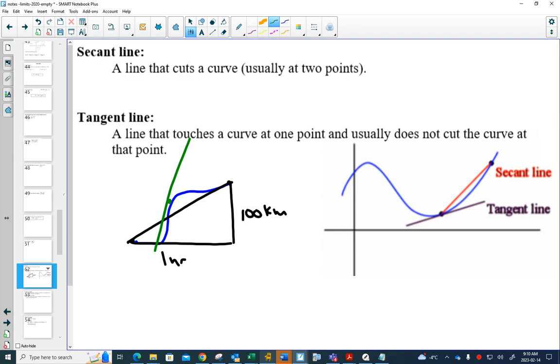If I find the slope of this one, 10 minutes here, 1,000 kilometers, okay, so I was going 1,000 over 10, where this is 1/6 of an hour. At that moment, I was going 6,000 kilometers per hour. Really, really, really fast. The tangent line would be an instantaneous rate of change.